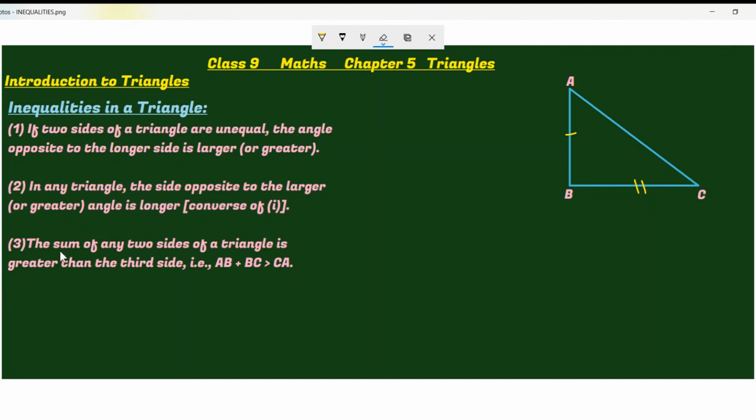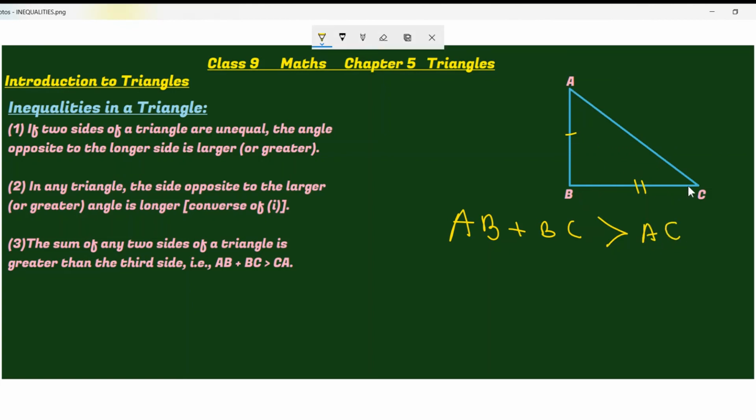Now, the sum of any two sides of a triangle is greater than the third side. This one you have studied in class 7 itself. If we add any two sides of the triangle, that would be greater than the third side.